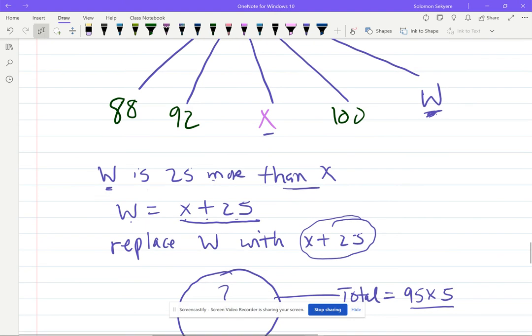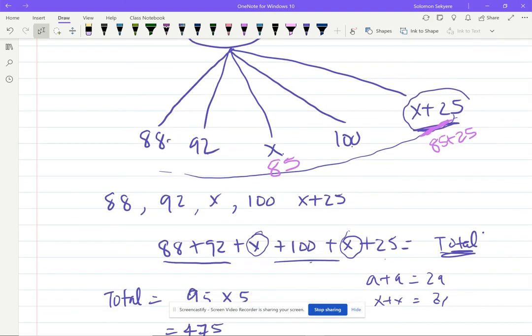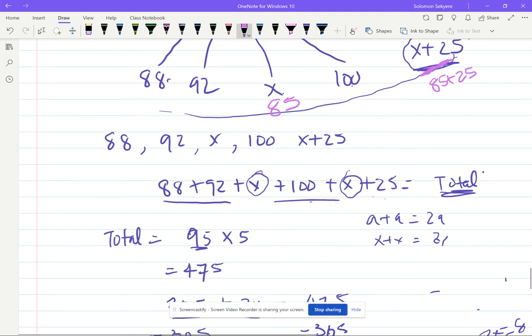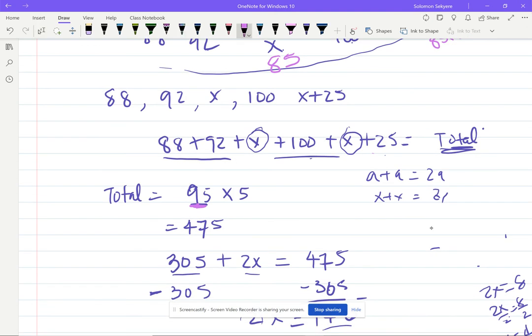And so you come here, all right? You break it down, okay? You add up all your points here, and when you add it up, it's equal to your total. Do we know your total? Your total is your average times the number of points you have.